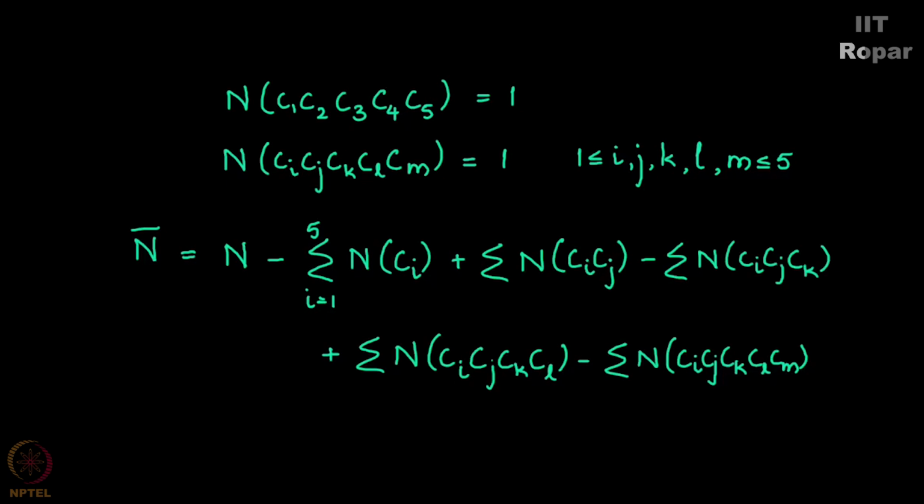So, this is the formula to find out how many ways can I not go to house i, right? So, N here is what? It is all possible permutations. So, N bar happens to be, all possible permutations is 5 factorial.